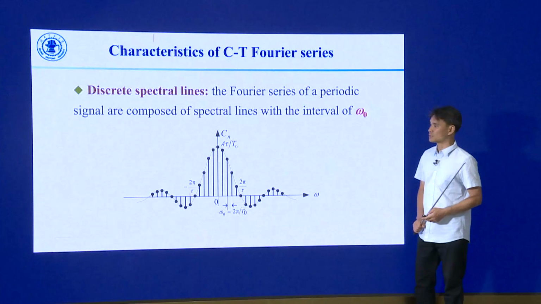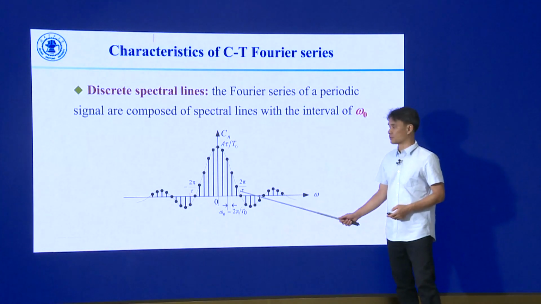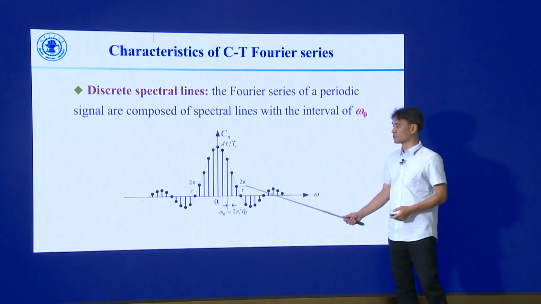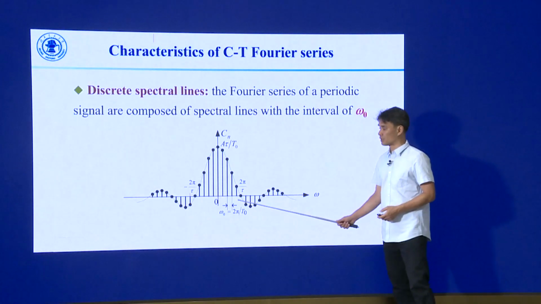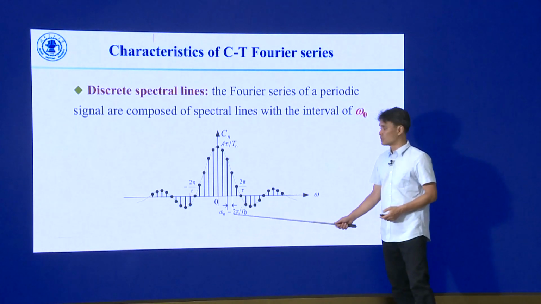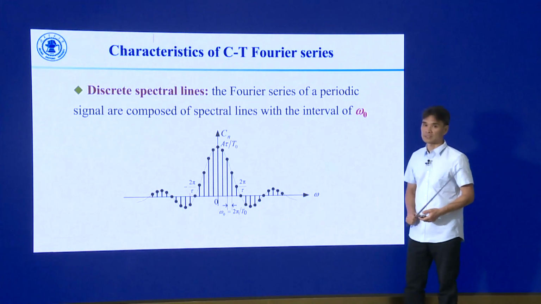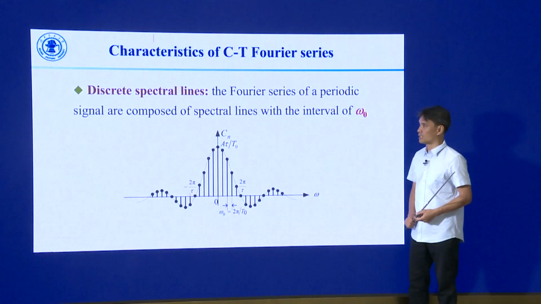The first one is that the spectrum of periodic signals in the frequency domain is composed of a series of spectral lines, and the interval between the lines is equal to omega sub naught, which is 2 pi over T sub naught, the period of the original signal in the time domain.